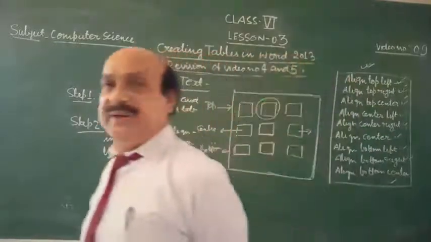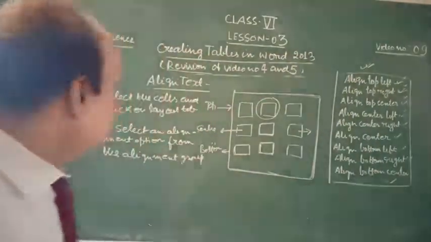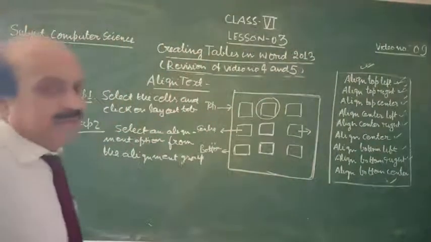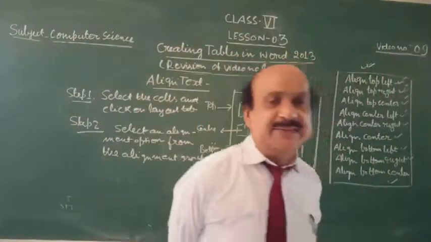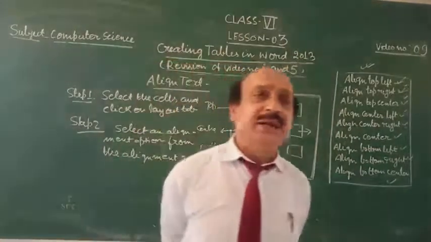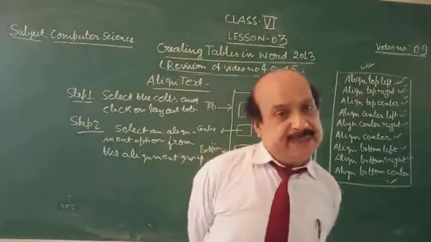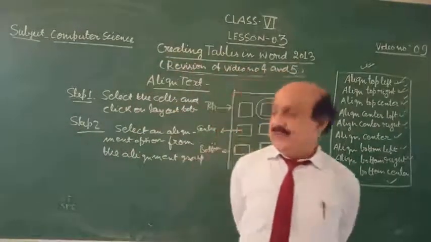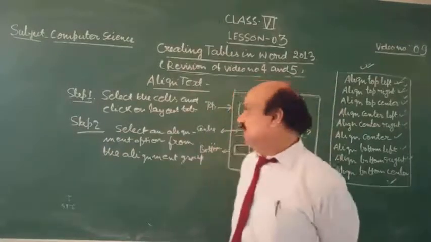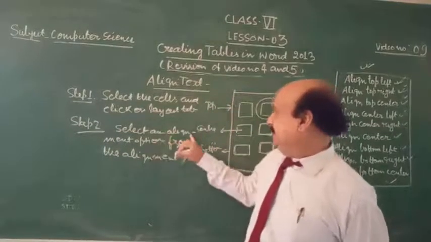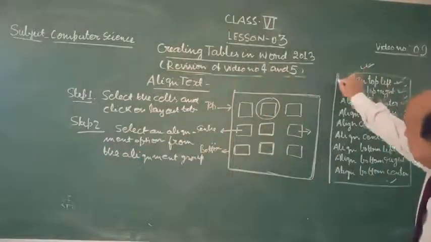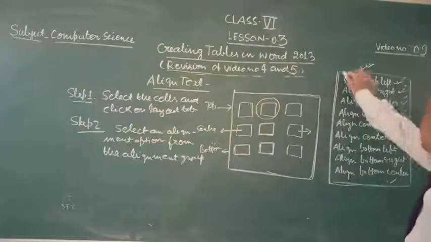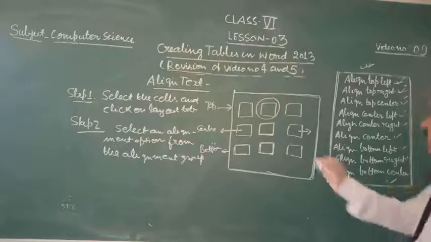First, Step 1: select the cells and click on the Layout tab. Whichever data you want, select those cells, and after that click on the Layout tab. Clear? Then Step 2: select an alignment option. From these 9 options, you can select any option for repositioning the data.